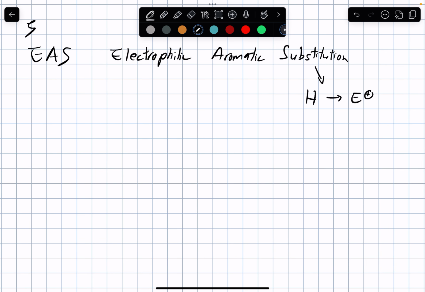And aromatic because we're talking about benzenes here. That's the most basic part of a reaction. As in, you'll always see a benzene in the reactant side. In the reactant side. No?